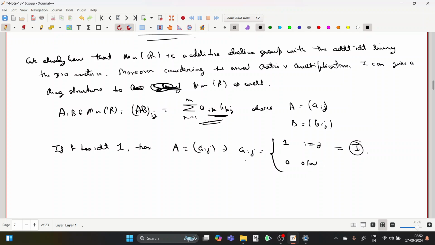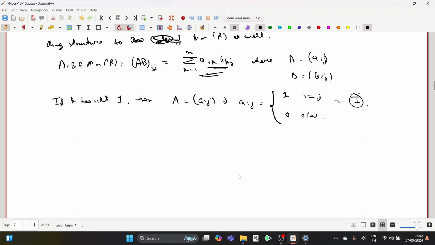Okay. Now the thing we should observe is that matrix multiplication is in general not commutative, even if R is commutative. There are numerous examples you can construct yourself, or you can find on the internet, to check that matrix multiplication is not commutative in general.